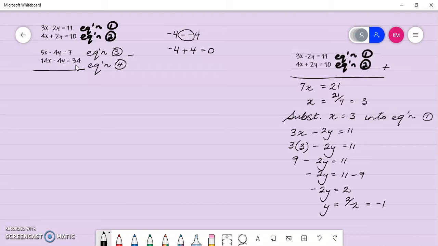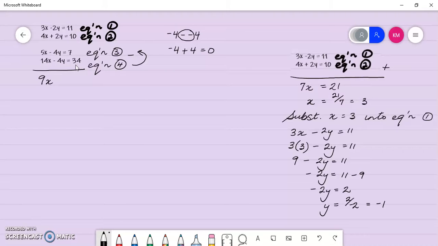I mean, I don't like to work in negative values. So what I'm going to do, I'm going to take equation 3 from equation 4. So I'm just drawing an arrow here to show that I'm taking away equation 3 from equation 4. So I'm going to say 14x take away 5x. And that is going to be 9x.